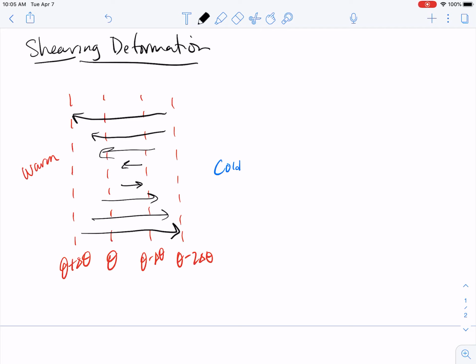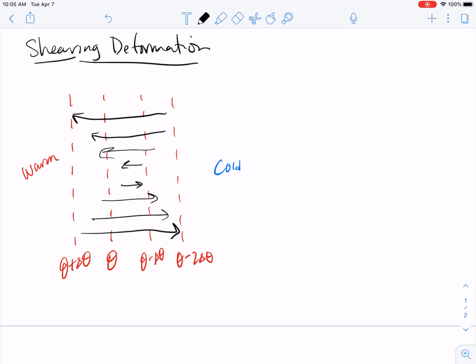And so let's just think about how this might then change this flow. So again, here we only have our gradient in the x direction. But what we're essentially going to do is generate this and put some of this temperature gradient that's only in the x direction into the y direction.